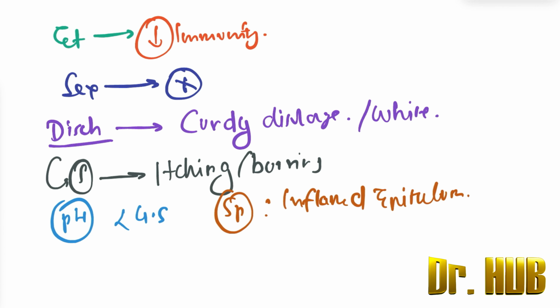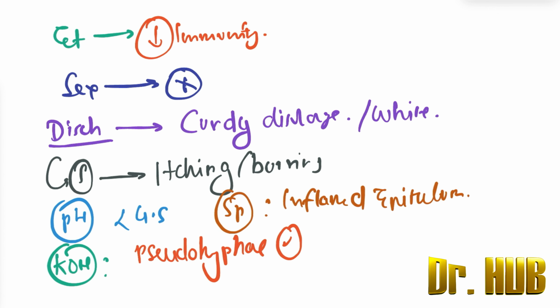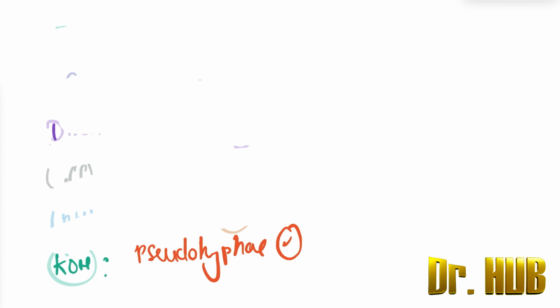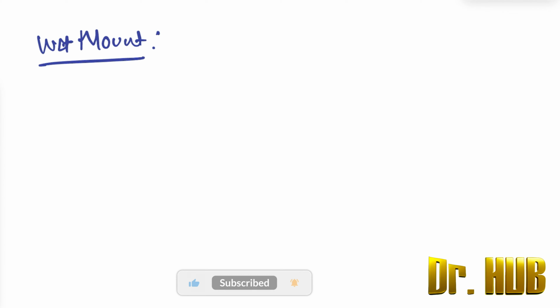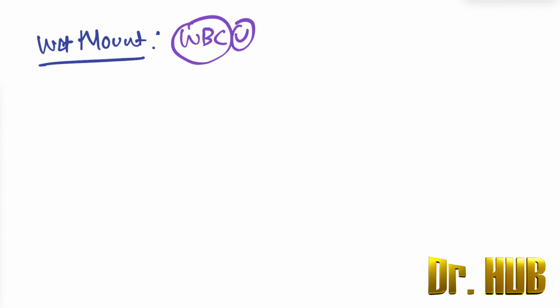Next we move on to KOH. With KOH, pseudohyphae are seen. Then what is the finding in the wet mount? WBCs are seen.